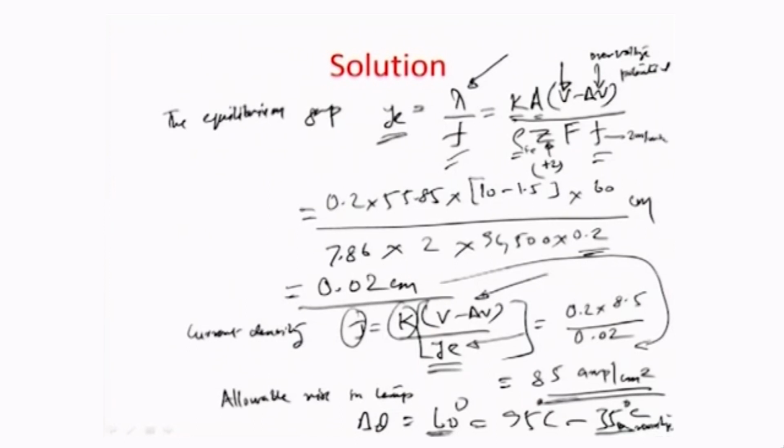So, typically if you assume the tool and the workpiece from one side to the other, the temperature should actually start from 35 degrees Celsius ambient and go up to 60 degrees more. This is delta theta. Okay. So, as the electrolyte is flowing, it should not go above 95 degrees Celsius to give the minimum velocity advantage to the electrolyte.